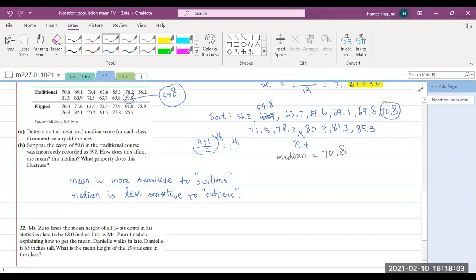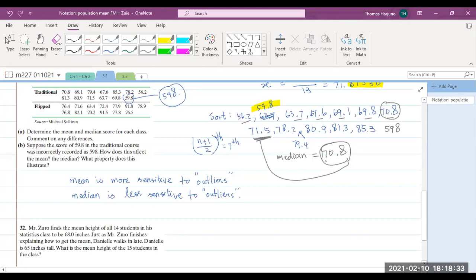You can try it. If I change this one to 598, data number 7 will be 1, 2, 3, 4, 5, 6, 7, so the median will be 71.5, which is not too different from the actual median.